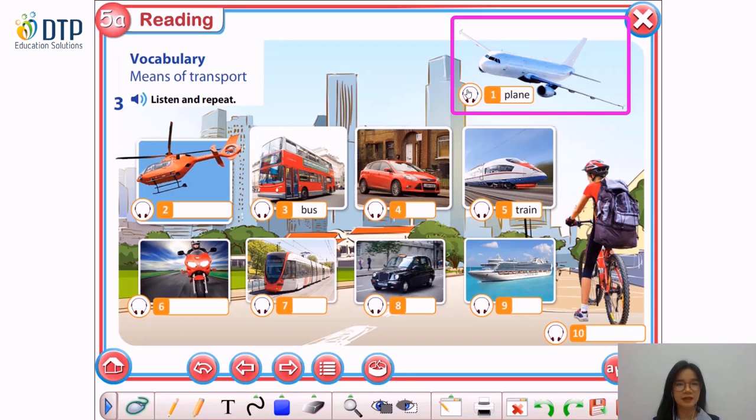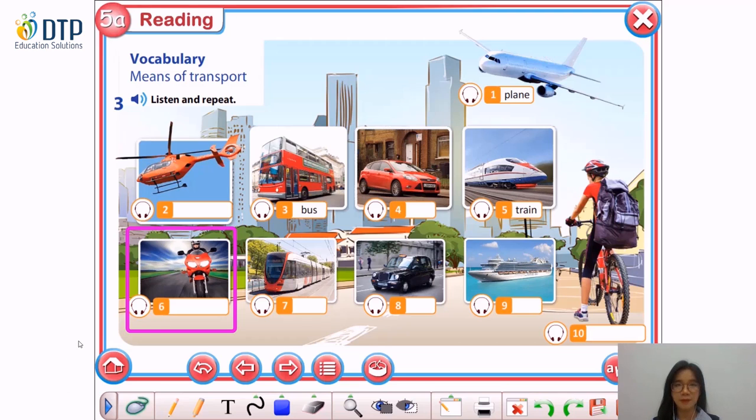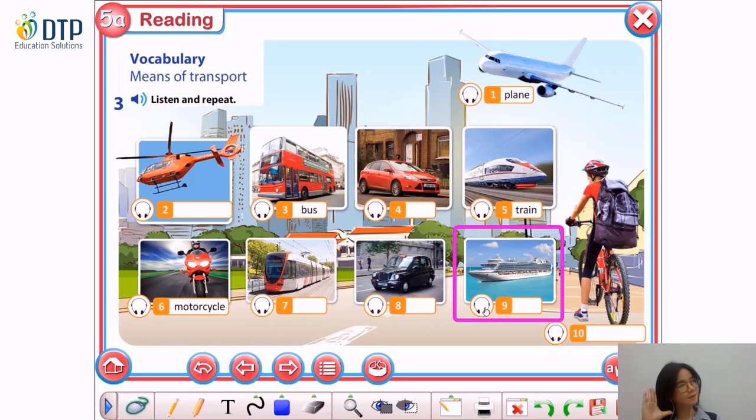Plane, good job. Picture 6. Do you know what means of transport is that? Motorcycle, very good. How about picture 9? Is it ship? Ship, excellent.